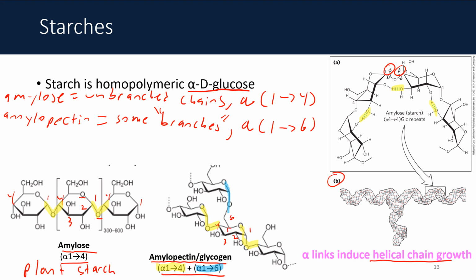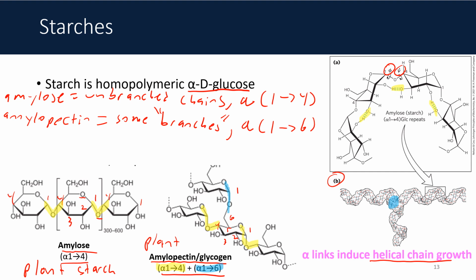That's where the C6 hydroxyl is, and that's going to form a glycosidic bond with the C1 hemiacetal of the branching glucose unit. You can get a visual of how that branch would continue the corkscrew geometry over here in that figure labeled B. And again, this is very abundant in plant starches, like potatoes.